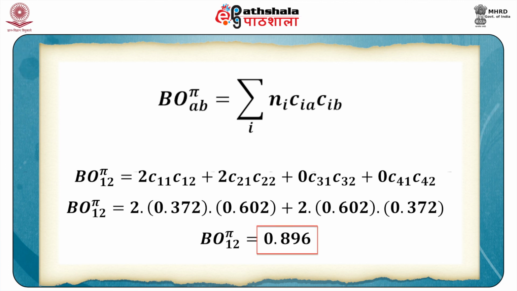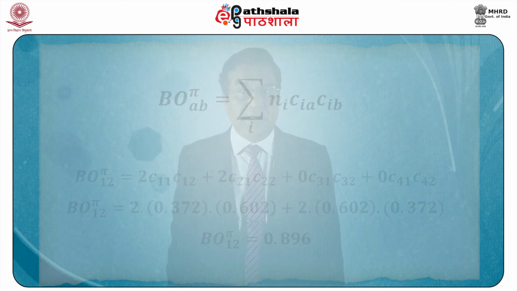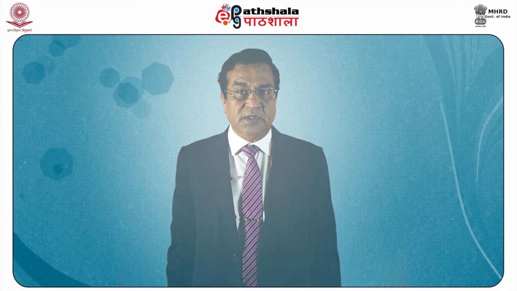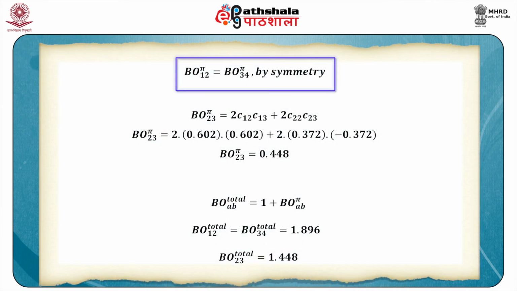All the values which we have substituted are very obvious and we have discussed them many times. And since butadiene is taken to be a linear molecule, by virtue of symmetry, the pi bond order between carbon atoms 1 and 2 will be the same as the pi bond order between carbon atoms 3 and 4.